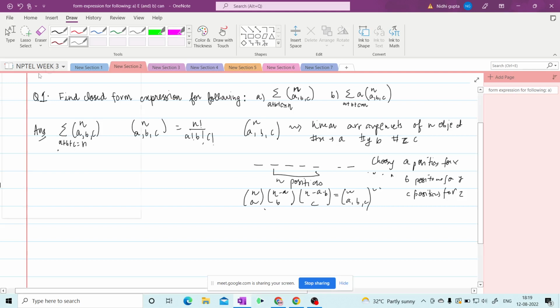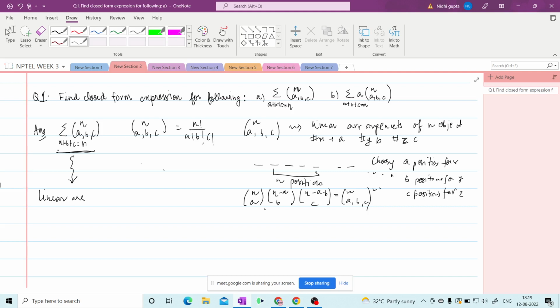So now our first problem is we want to find a closed form expression for this expression. So what is this expression then? a, b, c are varying such that a plus b plus c is equal to n. So this expression is actually computing linear arrangements of n objects from the set x, y, z.